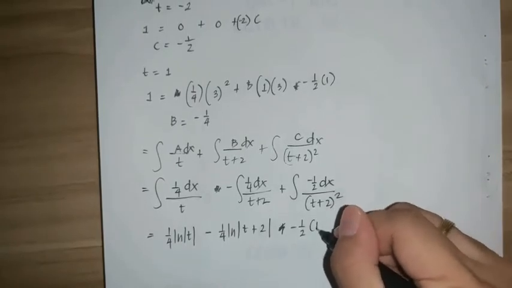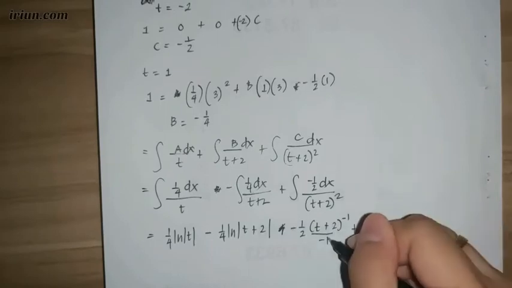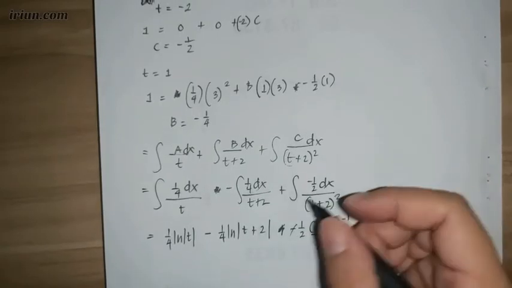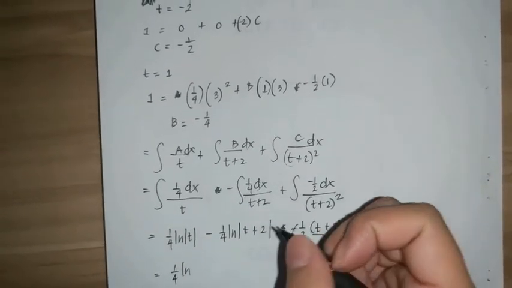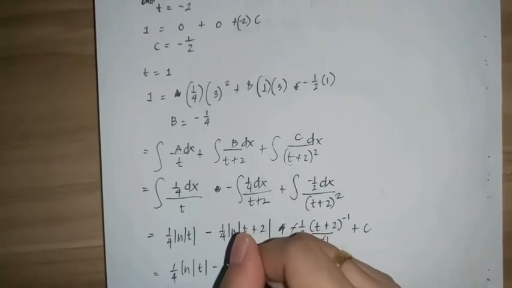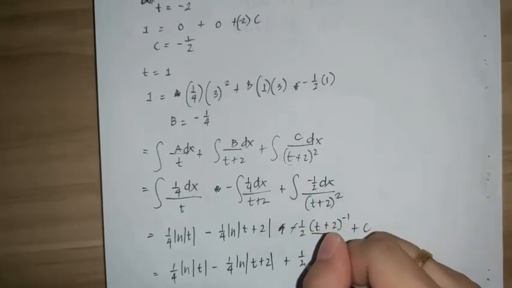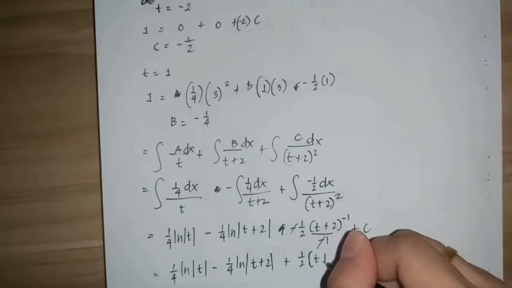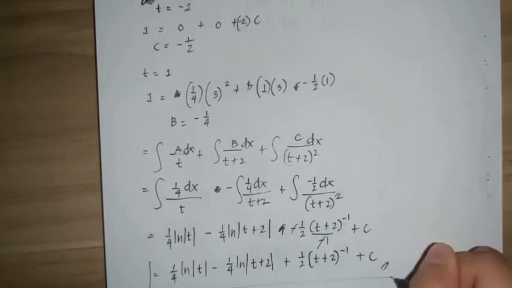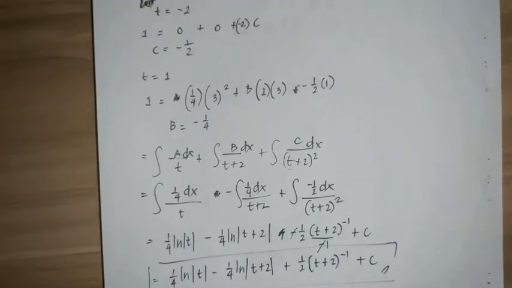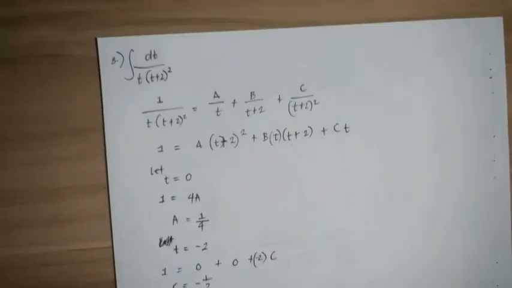So we have T plus 2 to negative 1 all over negative 1 plus C. The negative signs reduce to a positive sign. We have minus 1/4 ln of T plus 2, plus 1 half quantity T plus 2 raised to negative 1 plus C. So you could have this as your final answer. Right, let's move on to number 4.